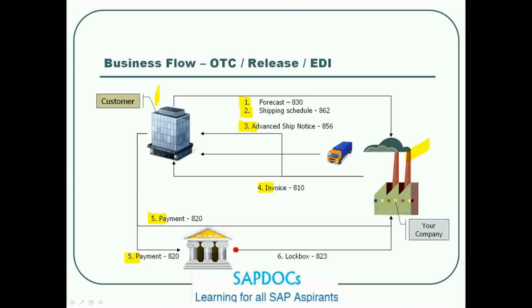Once your bank receives the payment from the customer or from the customer's bank, it will send you the lockbox data to tell you that you have received the cash. So that completes the OTC release process.